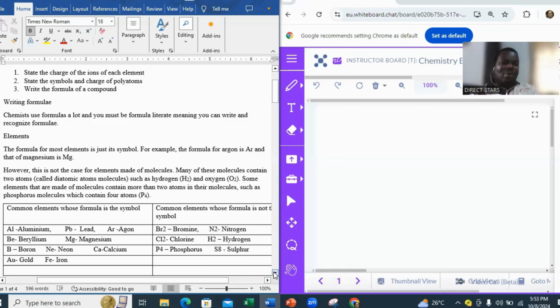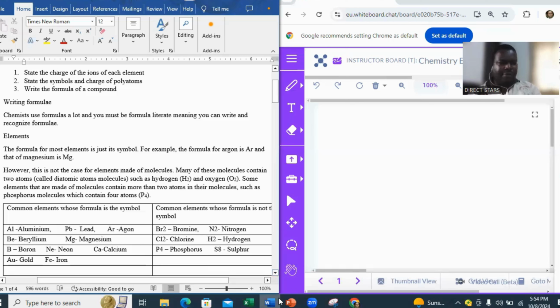We also went as far as giving examples of tetraatomic, like phosphorus molecule, and polyatomic, like sulfur. Sulfur has about 8 atoms in one molecule, so it's regarded as polyatomic.